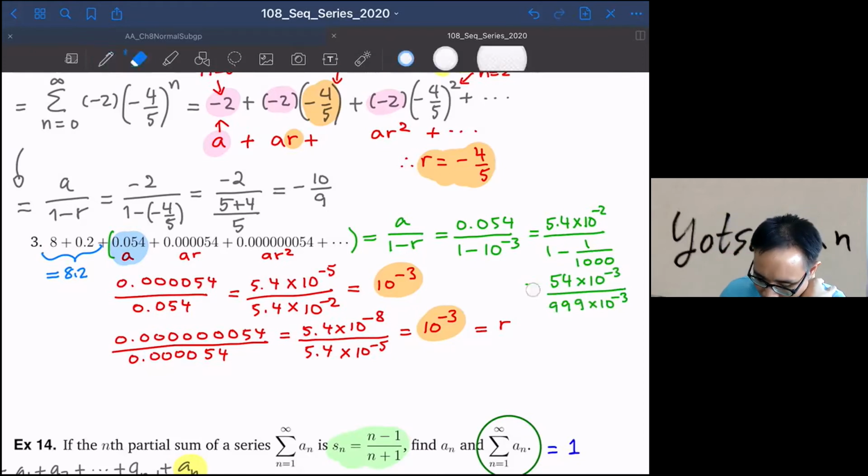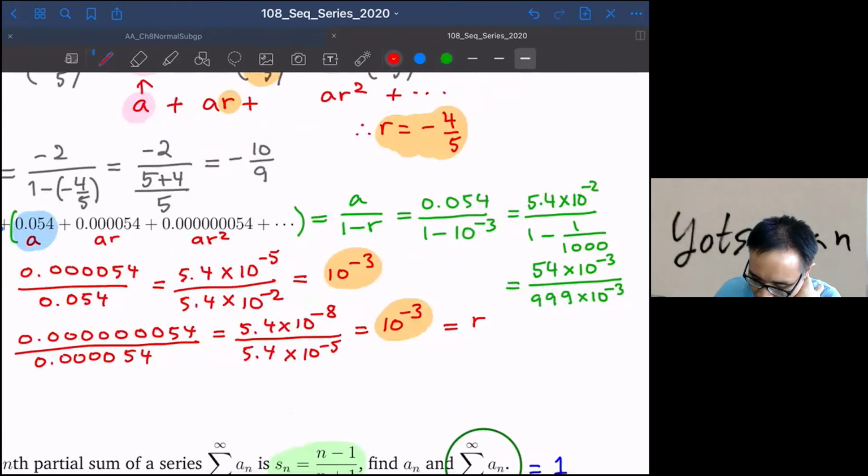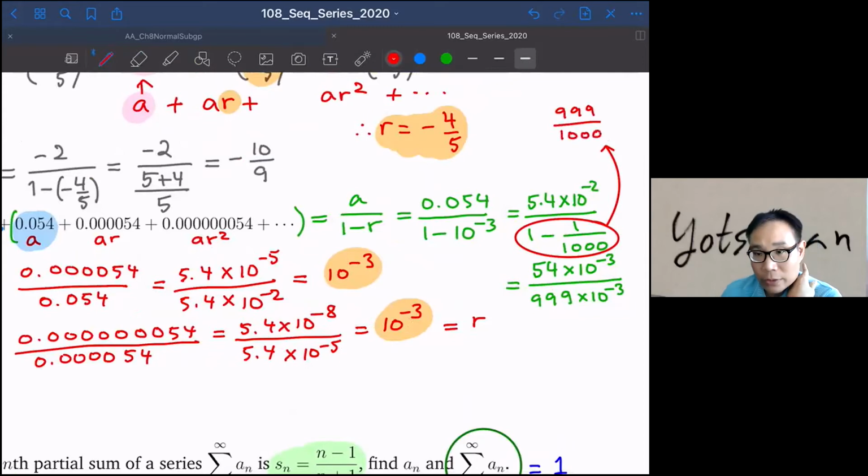Because it's easier to cancel the numbers down. If you're confused, let me explain a little bit: this whole thing is 999 over 1000, so that term is quite clear, and this will allow you to get rid of 10 to the negative 3.